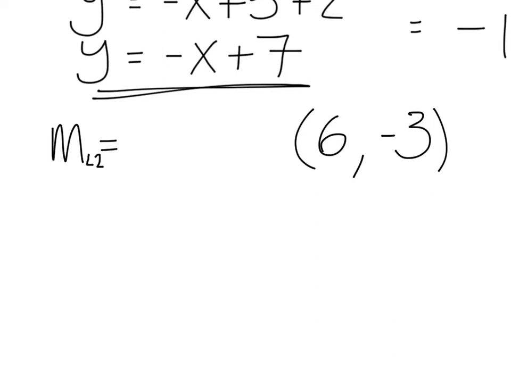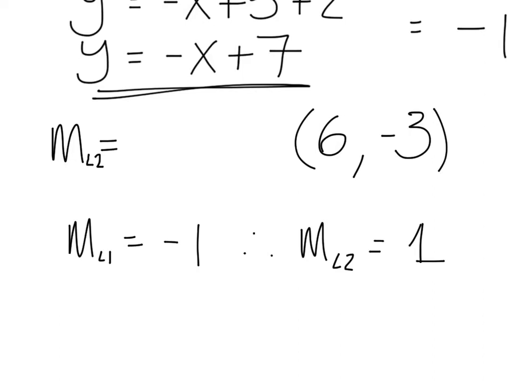So the gradient of the line we've already found, L1, is -1. That means that the gradient of the line we're looking for now, L2, is just that number flipped upside down with the sign changed. So our new gradient is just 1.